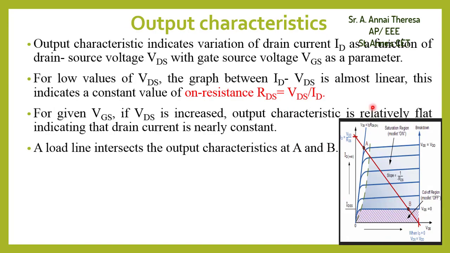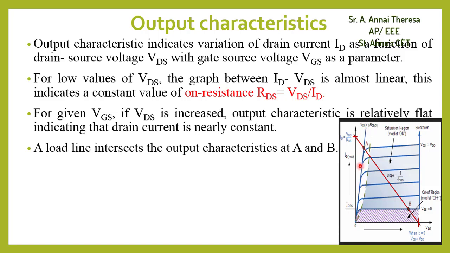Then output characteristics. It is drawn between the drain current and drain source voltage. Here VGS is the controlling parameter. See this characteristics curve for low values of VDS. For lower values the curve is linear.